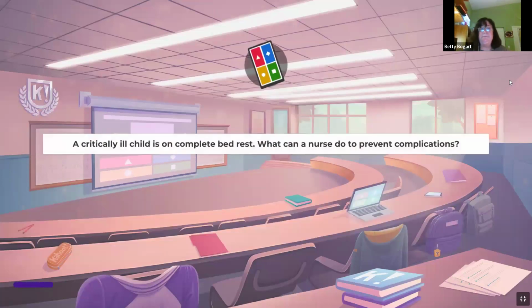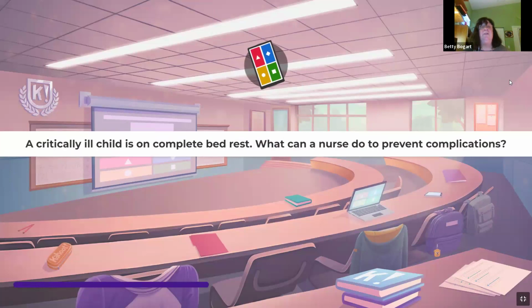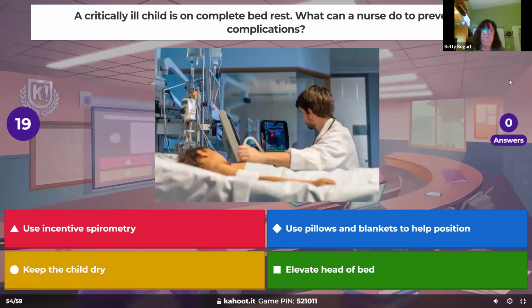A critically ill child's on complete bed rest. What can a nurse do to prevent complications? We think of adults that are critically ill on complete bed rest, and you think about all the things you need to do.